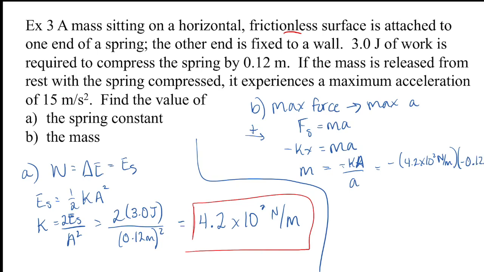Here again I made right positive, and I'm assuming this is its equilibrium, but it's pushed, so it's actually right here right now. Okay, so the displacement's to the left, so the acceleration will be to the right. And then divide that by the maximum acceleration, which was just given to you. This is a nice one, stuff's just given to you. Okay, so we get a mass of 3.3 kilograms.